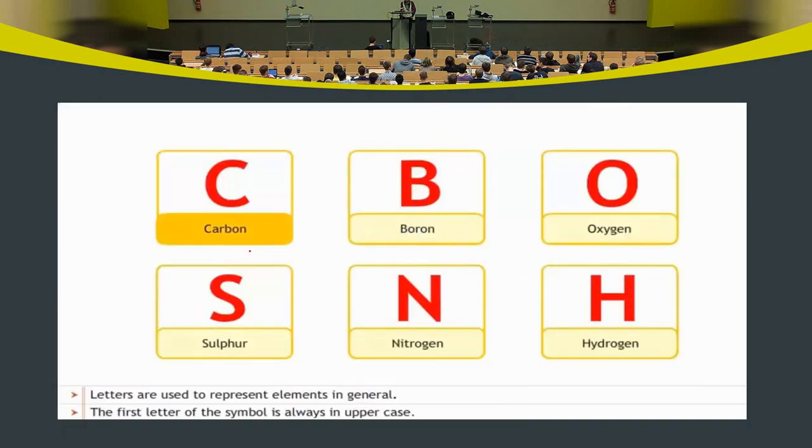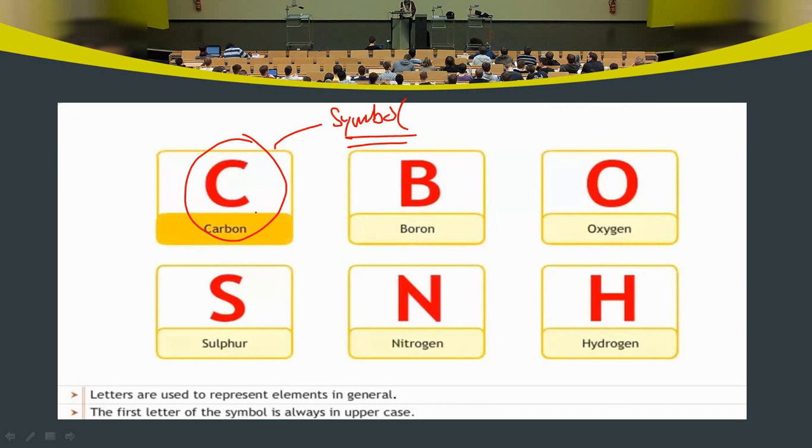See this, I have already told you IUPAC first of all says that letters are used to represent the elements, and these letters are called symbols. So this C is the symbol of carbon. IUPAC stated that the names of the elements would be from the first letter.